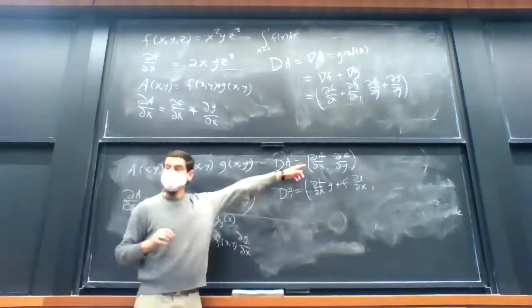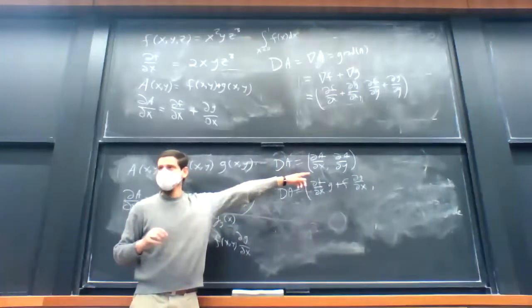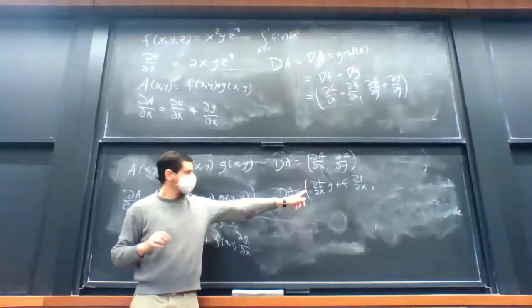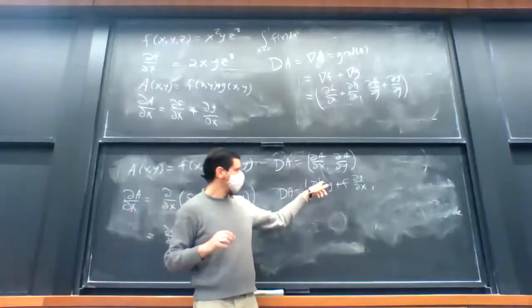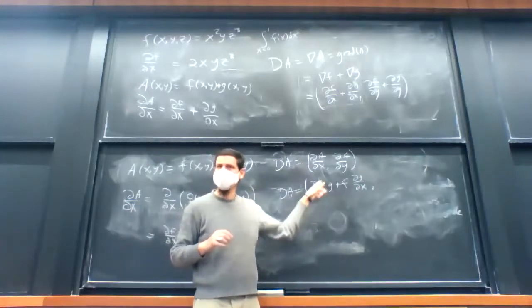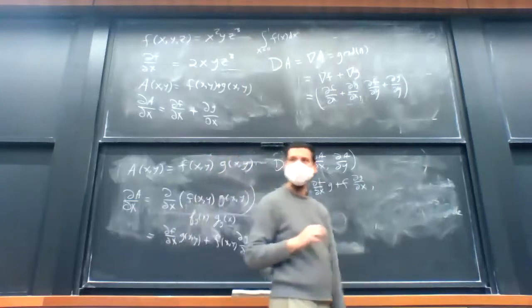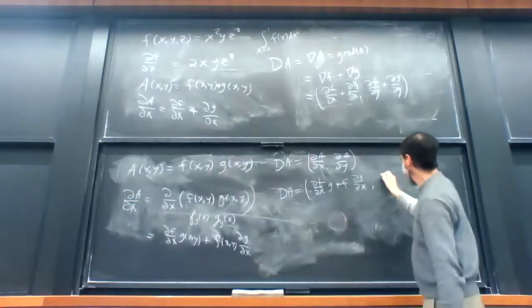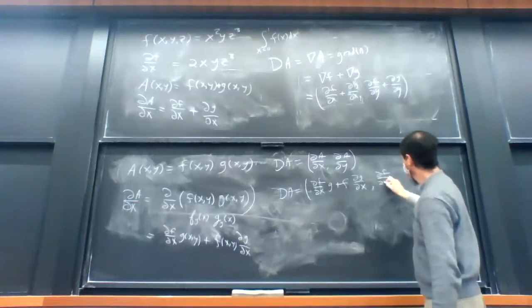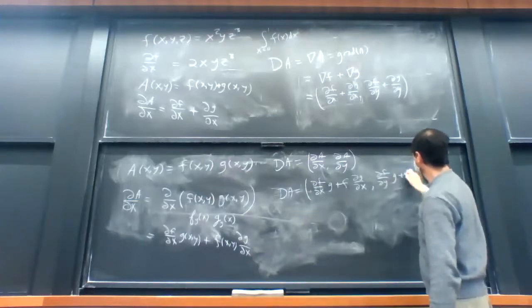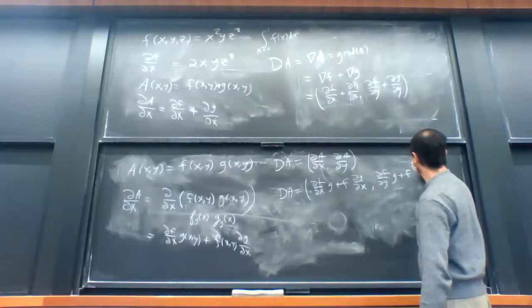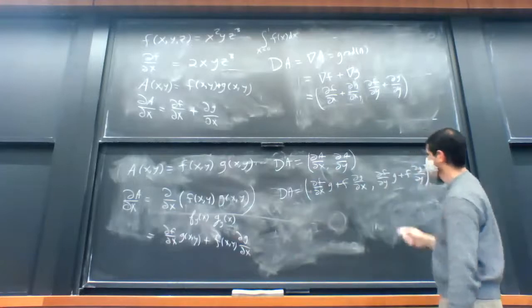The second piece is I take the partial with respect to y rather than the partial with respect to x. So all that changes is instead of partial f partial x, I now have partial f partial y. So it'd just be df/dy times g plus f times partial g partial y.